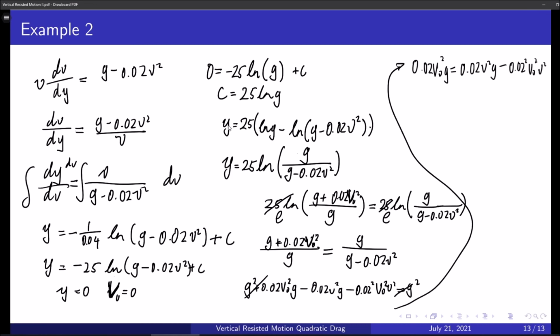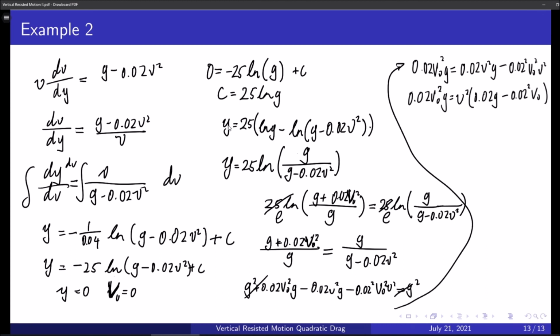Okay, so here we can factor everything out: 0.02 v naught squared g equals v squared times 0.02 g plus 0.02 squared v naught squared.